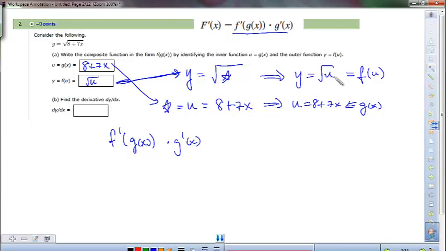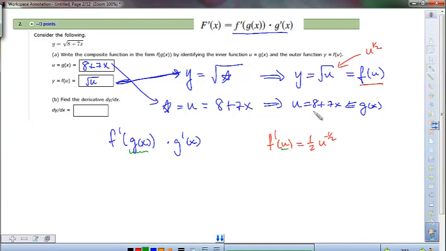So it looks like we're going to need f prime, and for now let's call it f prime of u. Well, if we rewrite this as u to the 1/2, then the derivative of that is going to be 1/2 u to the negative 1/2. So that's f prime of u, but we want to evaluate f prime of u at g of x.